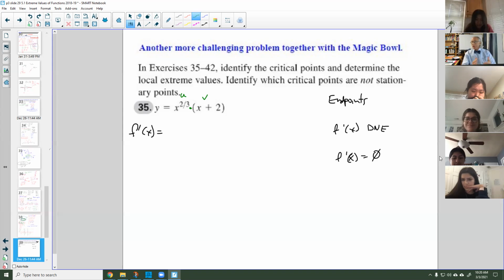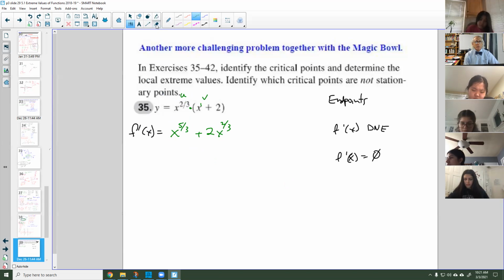All right, so I want an easier way. Any ideas? No ideas? Hey, guess what? I am going to distribute x to the 2/3 into this binomial. So this makes x to the 5/3, because x to the 2/3 times x to the first, plus 2x to the 2/3.